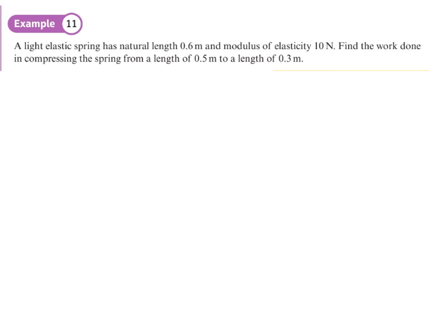Right, so let's just write down what we've got. The natural length, so that's L, is 0.6. And the modulus of elasticity, lambda, is 10. We could have extension 1, that's when it's at 0.5 meters.